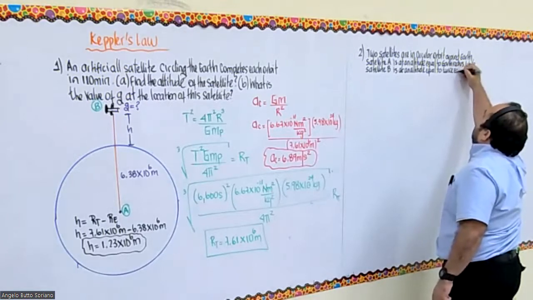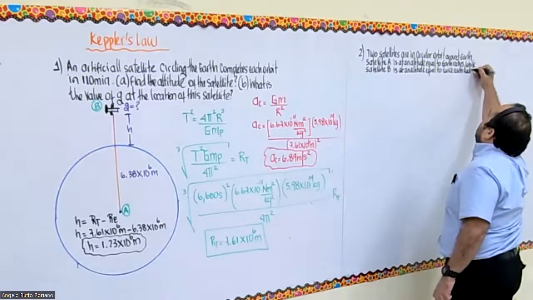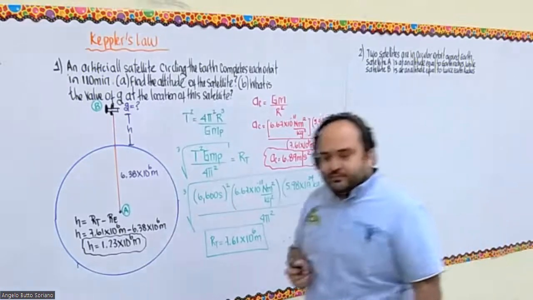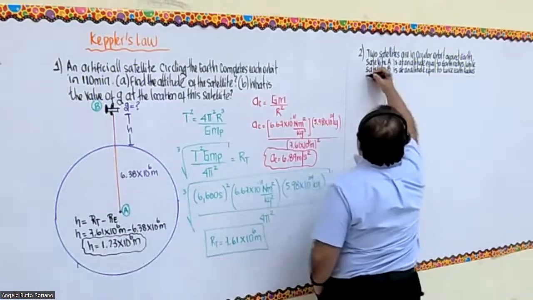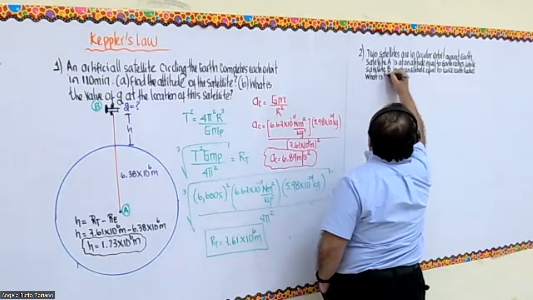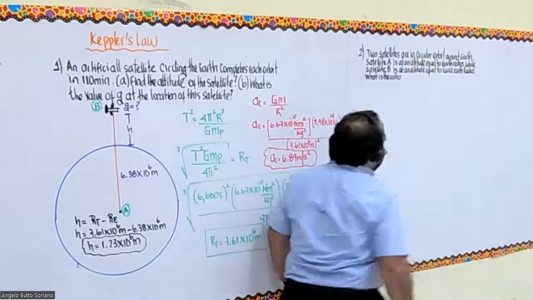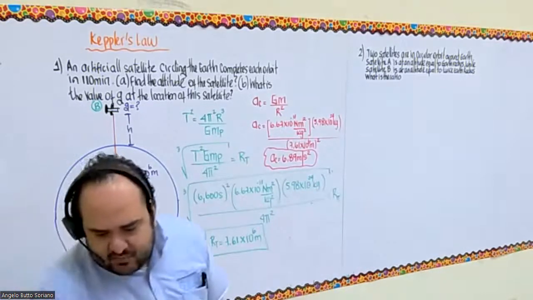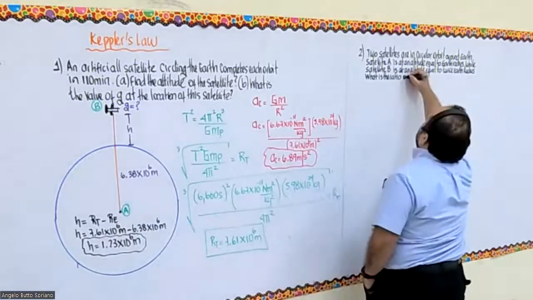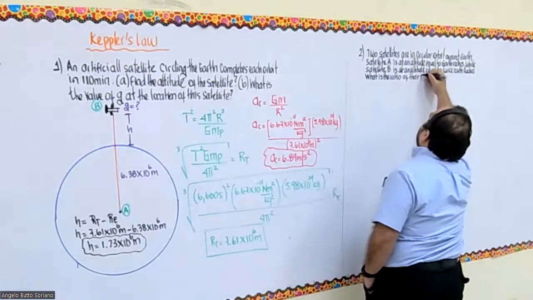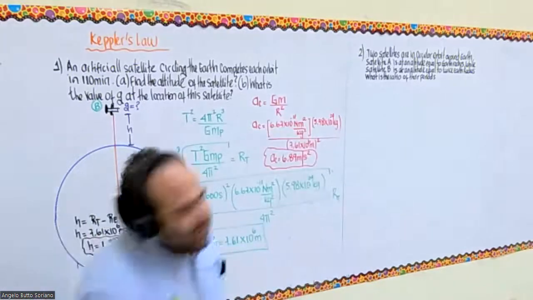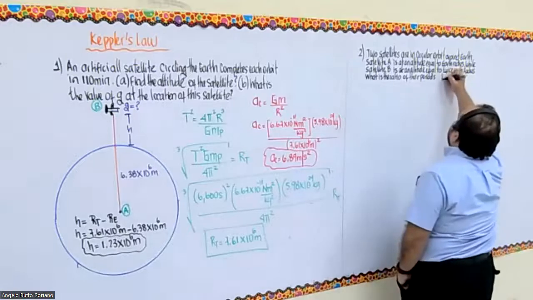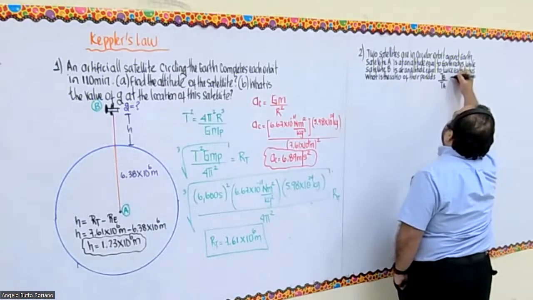The question is, what is the ratio of their periods, TB over TA?